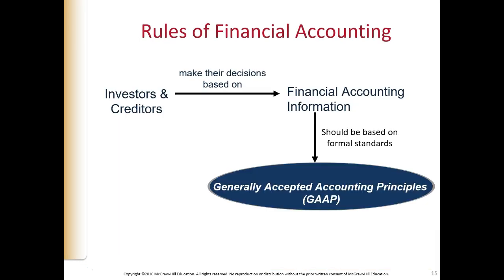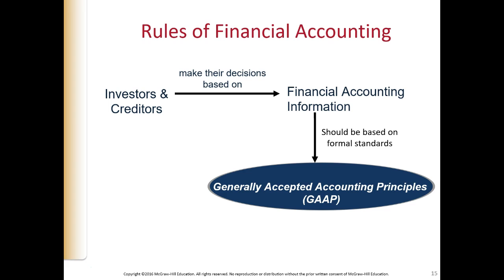For the rules of financial accounting, investors, the owners, stockholders in the business, and creditors need to make decisions based on accounting information. As I mentioned earlier, do you want to purchase stock in a corporation? If you have a bank, do you want to loan the corporation, the company, some money? You need to look at their financial statements and see if they are producing good profits, do they have enough cash, and so forth.